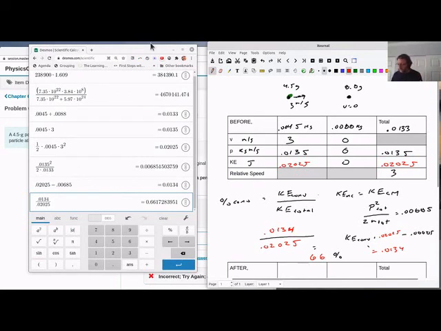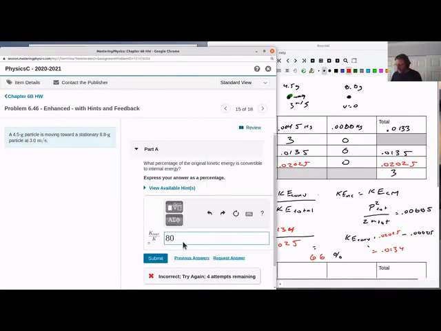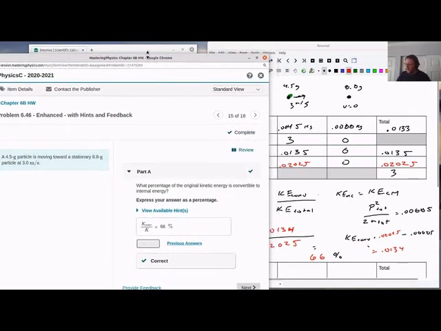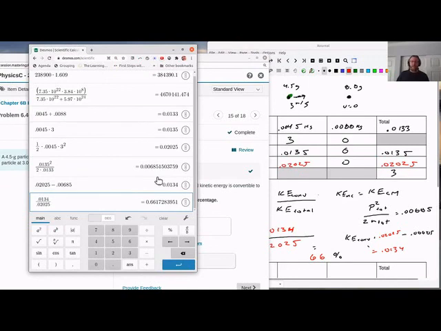Okay, let's try that out. 66, submit. There we go. And tracked it down. So you can see both how easy it is to make little mistakes that give you fundamentally different answers.